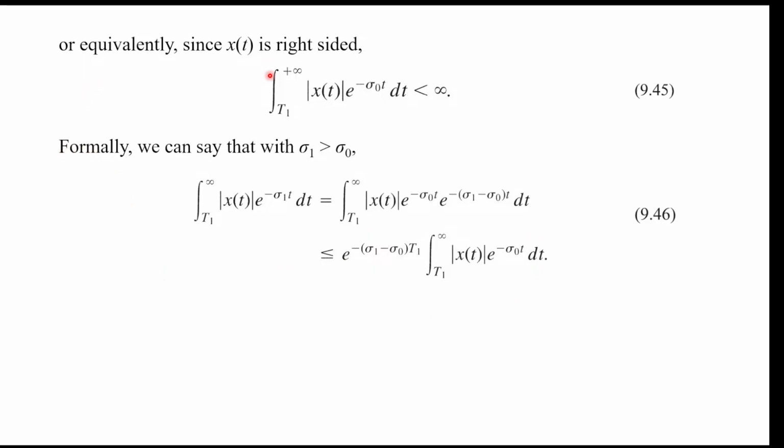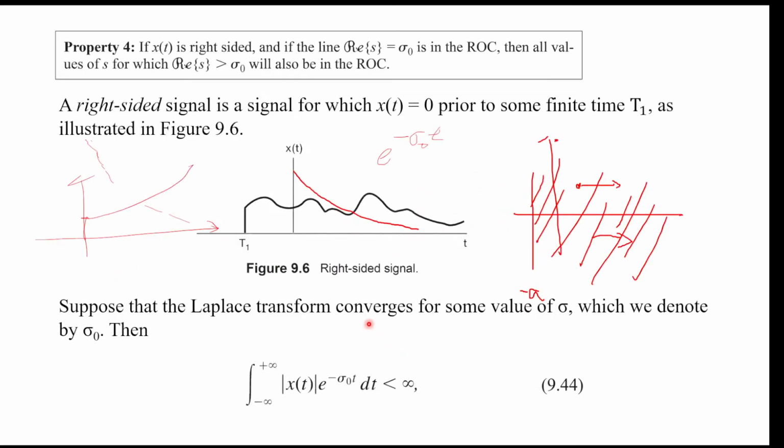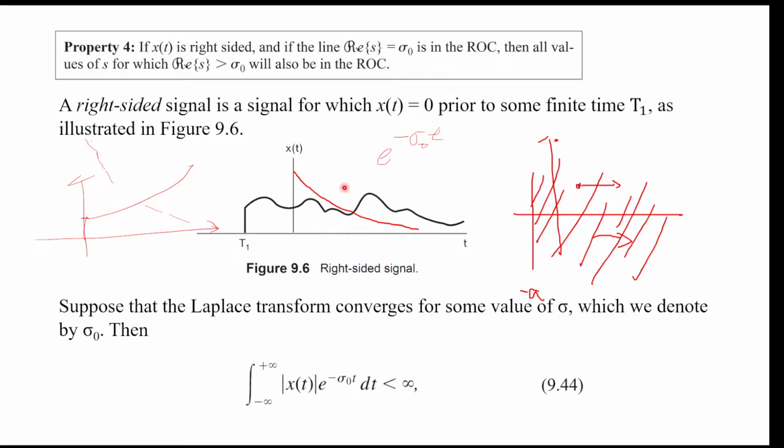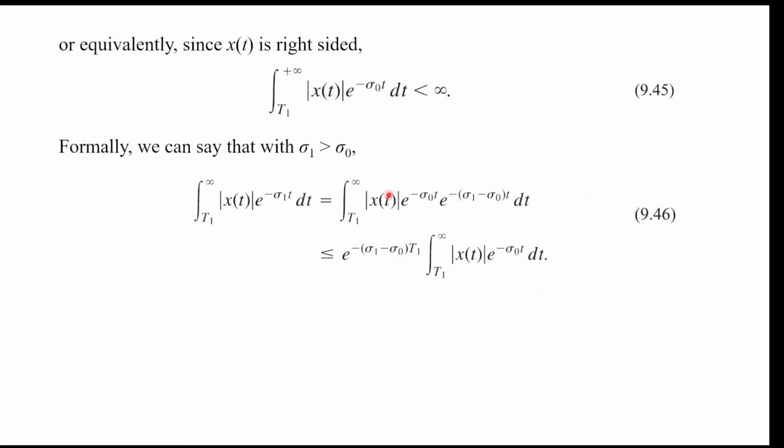If the integration with sigma 0 is finite, then the integration with some sigma 1 will also be finite, because the difference is e to the minus (sigma 1 minus sigma 0)t, which is an exponentially decaying function. Toward plus infinity, this will go to 0, but this difference part might be bigger than 1 when t is less than 0.